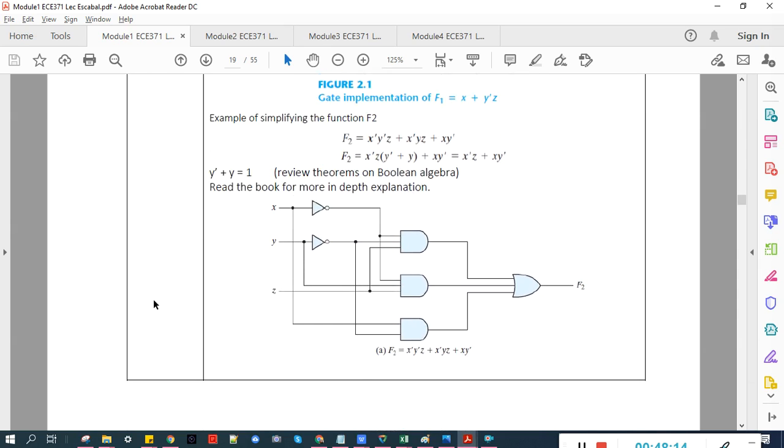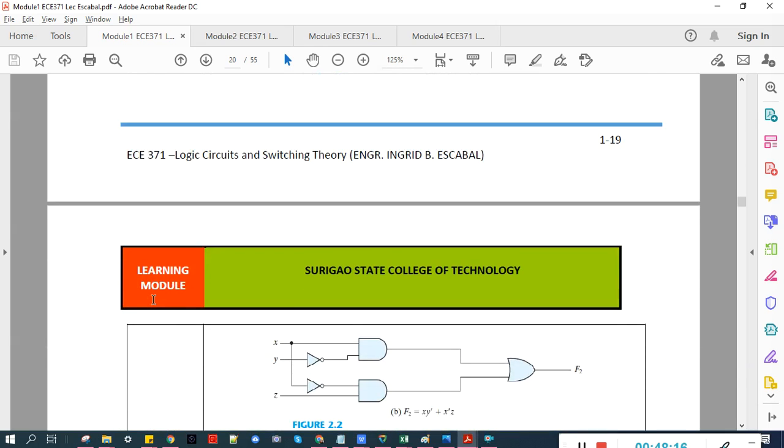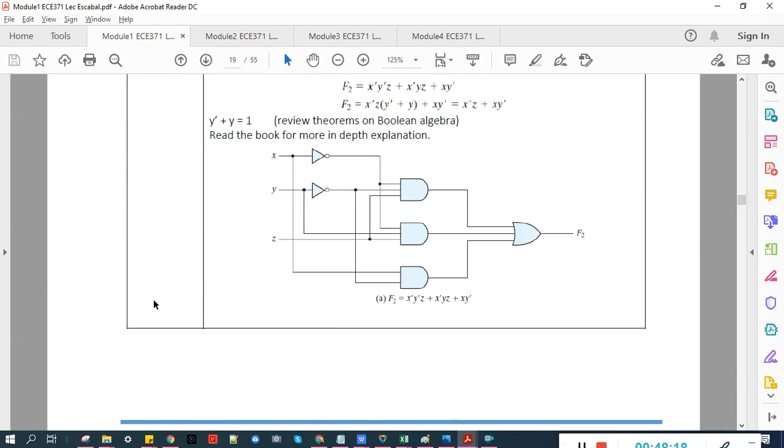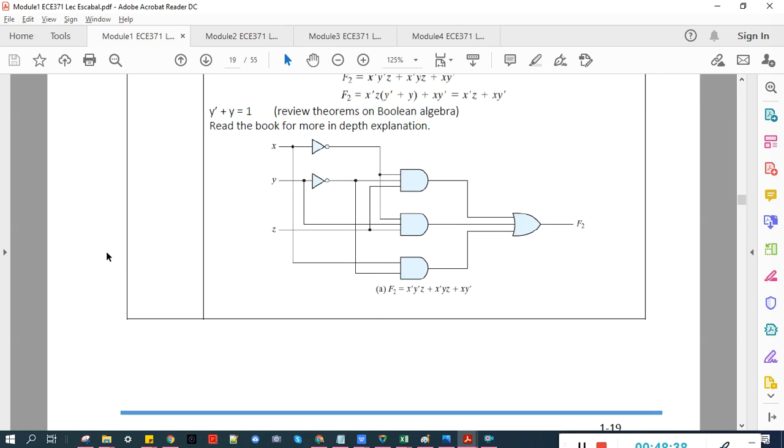So what happened? If we draw the logic diagram equivalent for F2, this is the original logic diagram if we did not simplify. So there are how many gates? 1, 2, 3, 4, 5, 6. There are 6 logic gates used with this Boolean function.